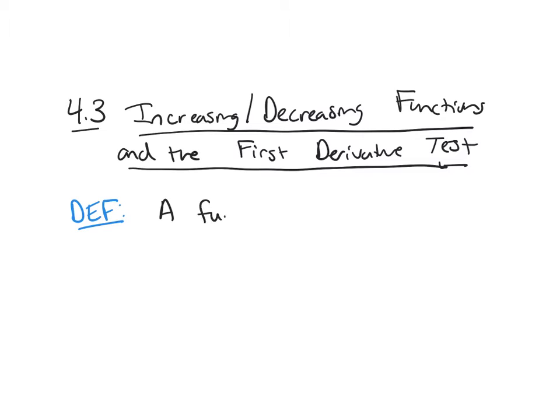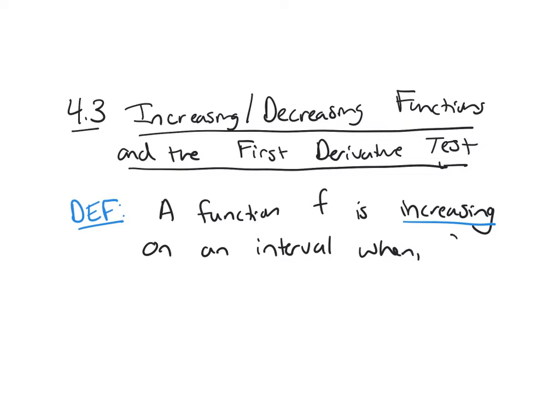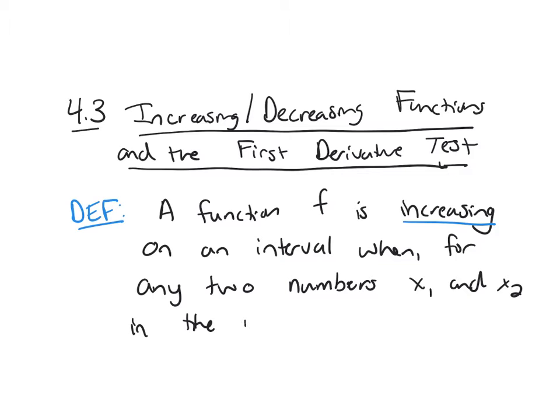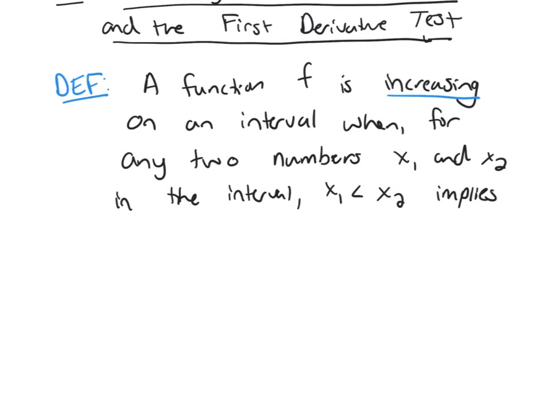We're going to say that a function f is increasing on an interval I, or we'll just say on an interval, when for any two numbers x1 and x2 in the interval, x1 less than x2 implies f of x1 is less than f of x2.